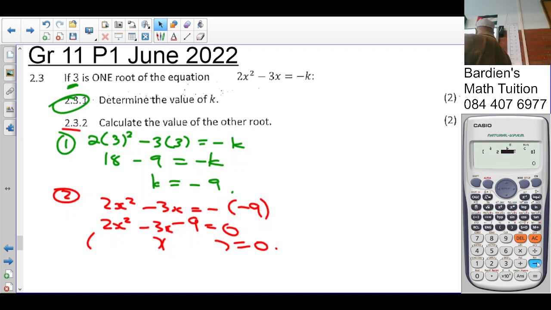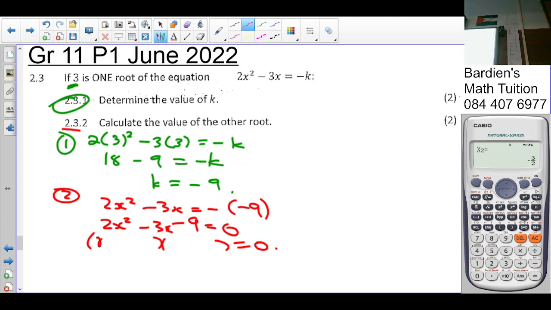So that is 2, negative 3, negative 9. So the one is 3. So x, you should have gotten, minus plus, no? So x is equal to 3, or x is equal to negative 3 over 2.